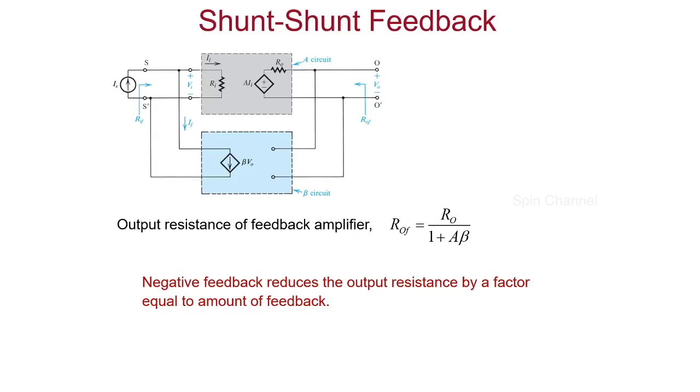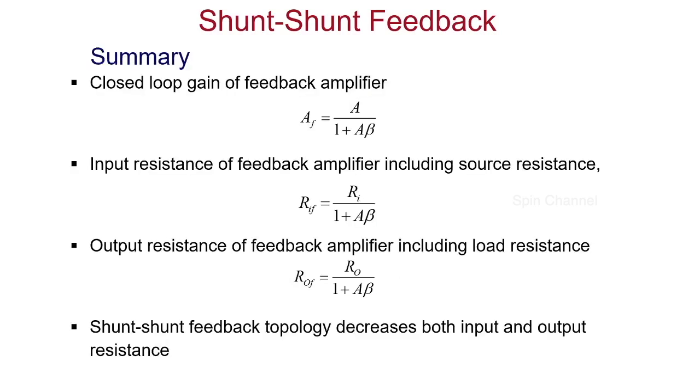We know that a shunt connection at the output results in reduced output resistance. So the output resistance of a feedback amplifier with shunt feedback topology is given by R0f equal to R0 divided by 1 plus A into beta. To summarize, shunt feedback topology decreases both input resistance and output resistance of the amplifier.